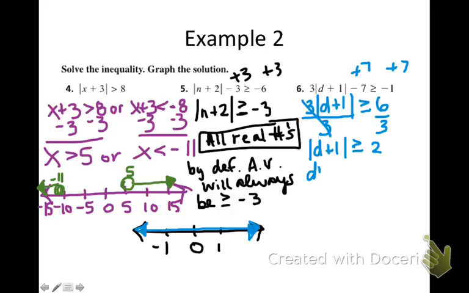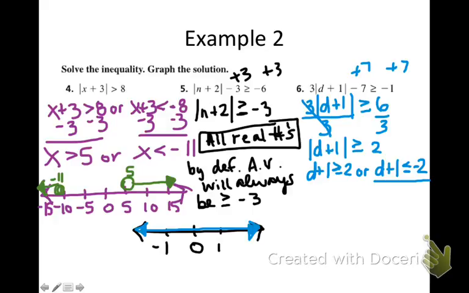You have d plus 1 that is greater than or equal to 2, or d plus 1 is less than or equal to negative 2. Again, the expression inside, d plus 1, if that happens to be negative, in order to be able to write it like this, when we don't want that left-hand side to be negative, we're multiplying both sides by a negative number. We have to flip that inequality symbol.